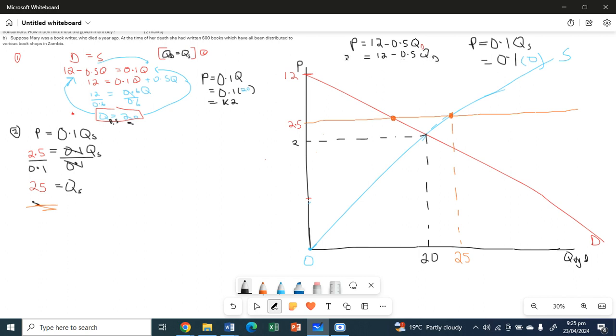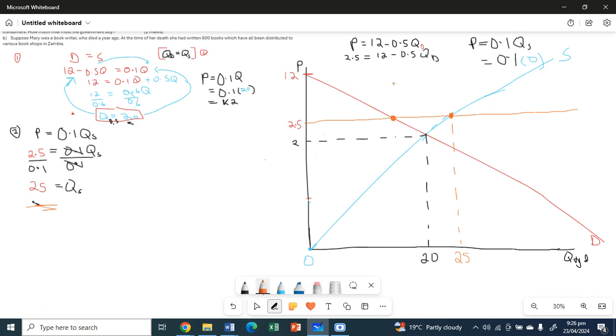P is 2.5 here. So if we solve like terms together, we take the 12 to where the 2.5 is.